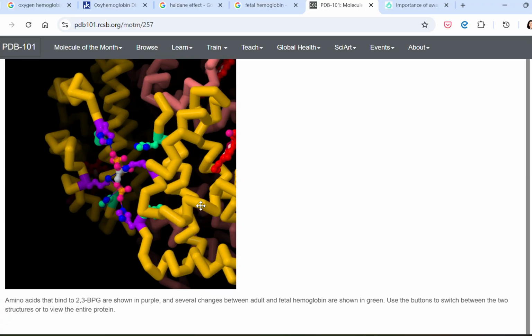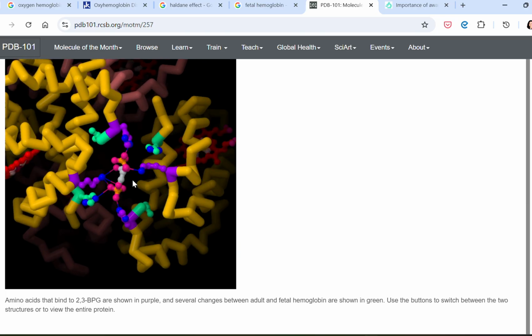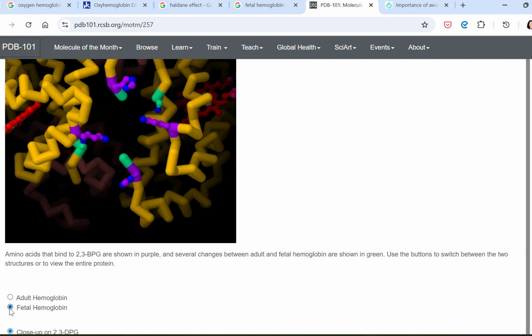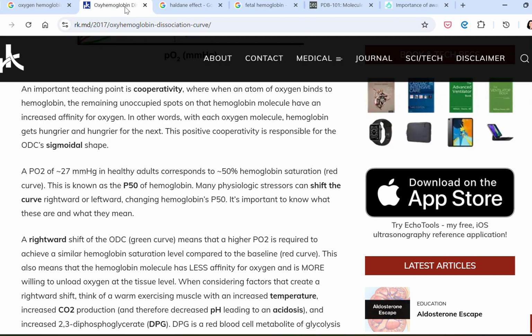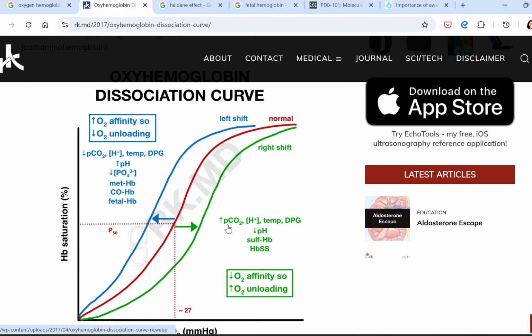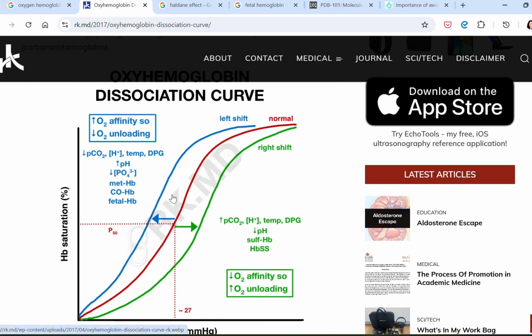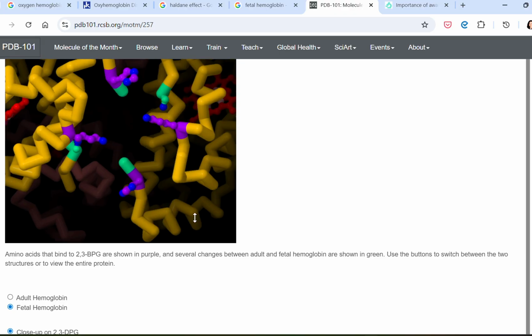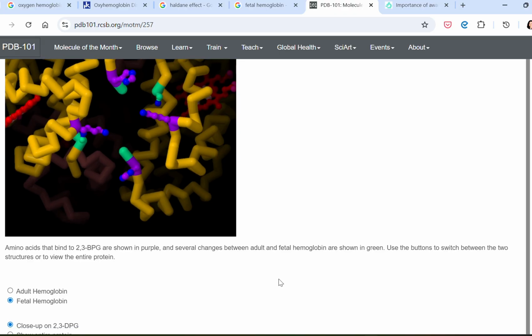We have the heme group separately in here, 2,3-BPG in here, and we can change it to fetal hemoglobin, which doesn't have the 2,3-BPG. As you might remember, 2,3-BPG shifts this curve to the right, but in fetal hemoglobin we need to shift it to the left. So that's why it doesn't use that molecule.